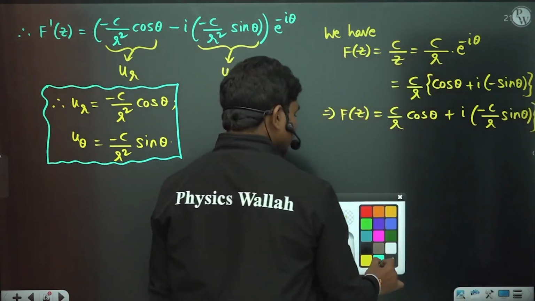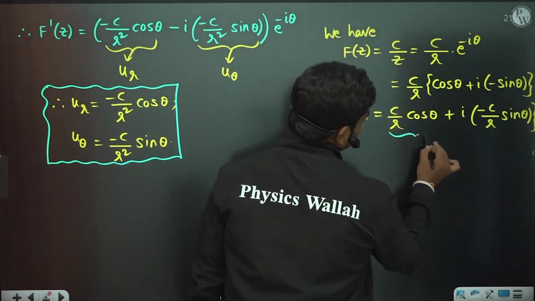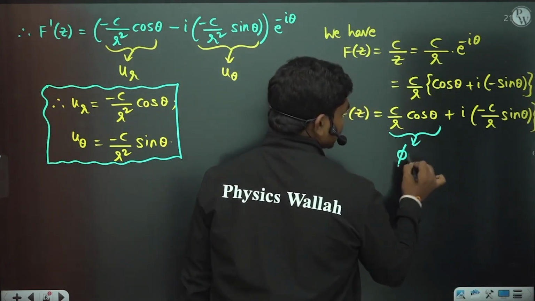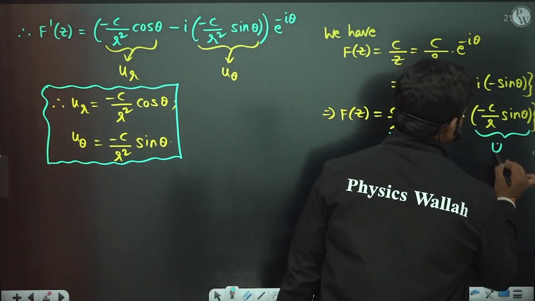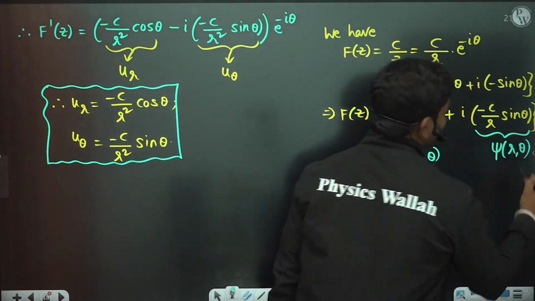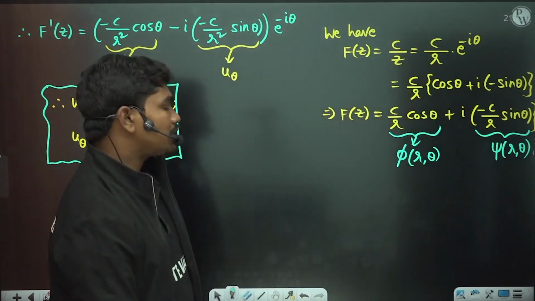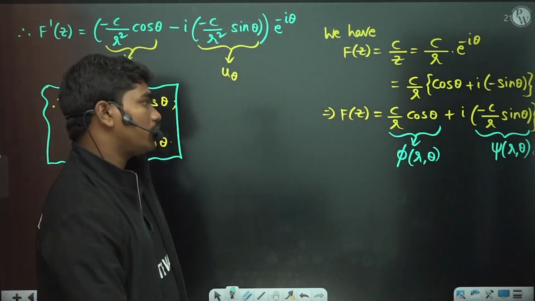Now try to understand this. This part which is here, the real part, is the velocity potential function, and the imaginary part which is here is the stream function in this case. Okay, so psi of r comma theta. Now if you try to plot streamlines, look what you will get.